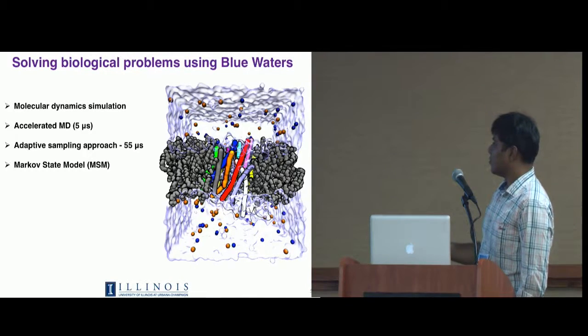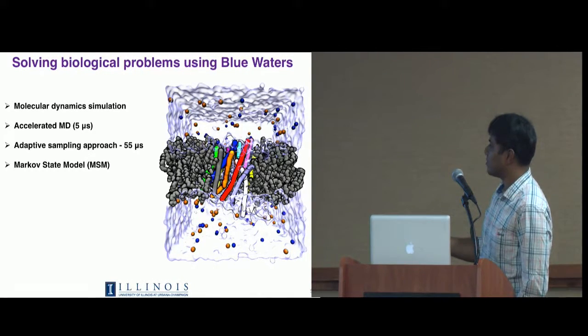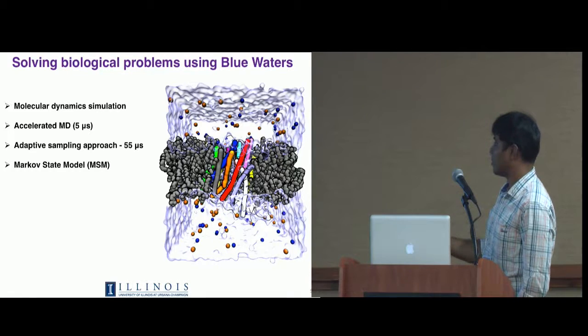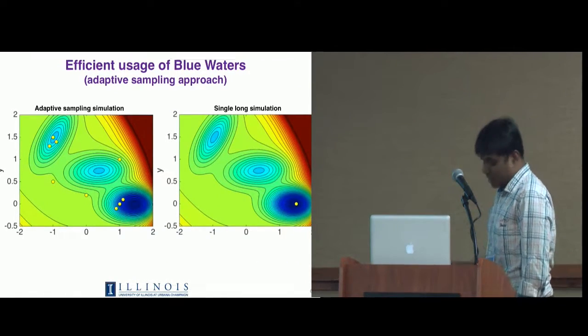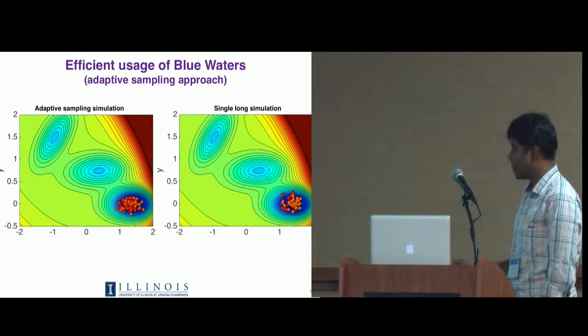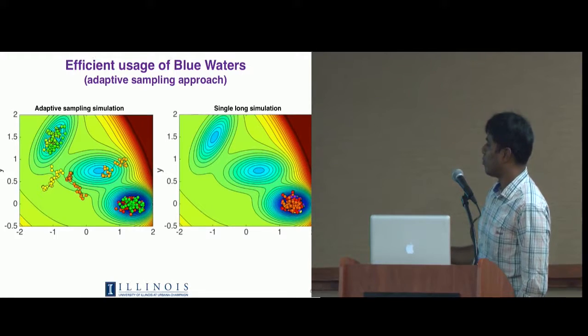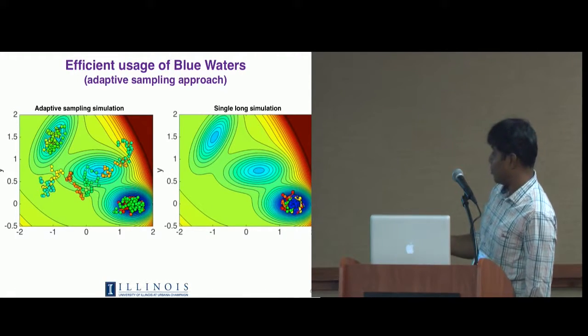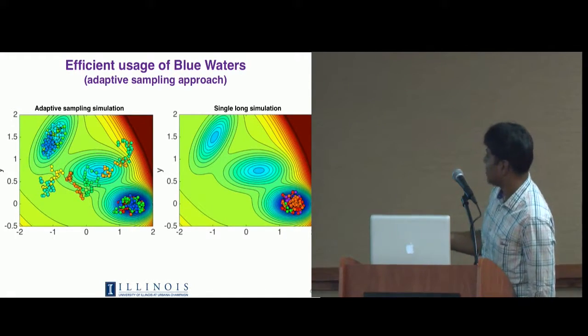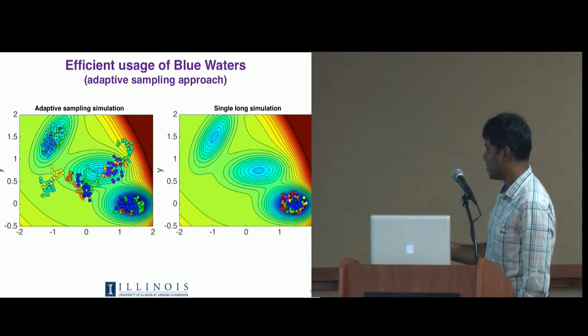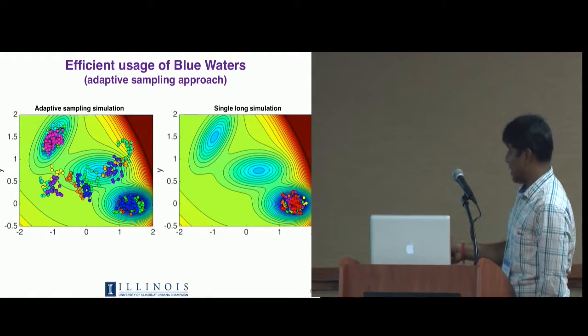Blue Waters enables us to simulate such long time scales to understand the functional mechanism of these transporter proteins. The computational time is precious, so we need to use it in an effective way. Here we have a protocol called the adaptive sampling approach, and on the right-hand side we have an approach called single long simulations. Consider this as the landscape of a protein.